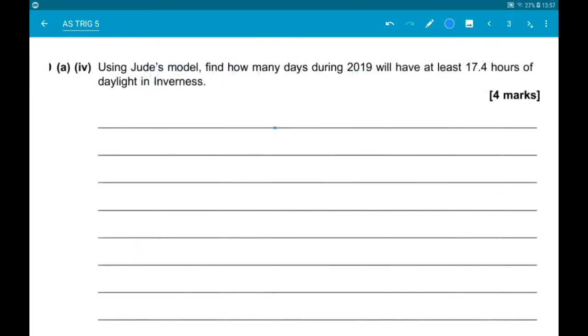Okay, then for part 4, we want to use Jude's model to find how many days in 2019 will have at least 17.4 hours of daylight. So we are solving 12 + 6 sin t, and we want that to be greater than or equal to 17.4.